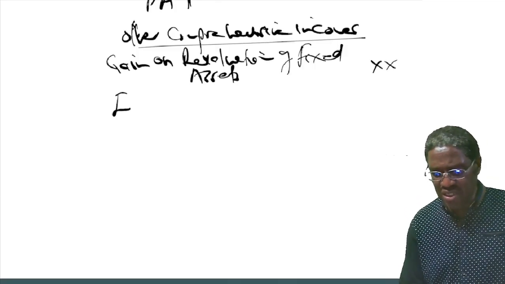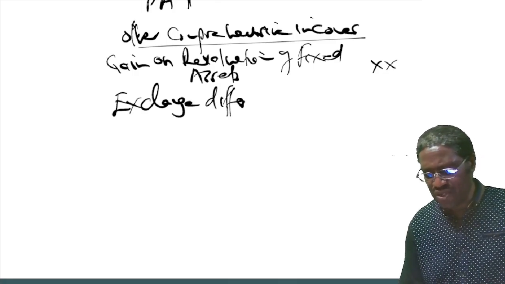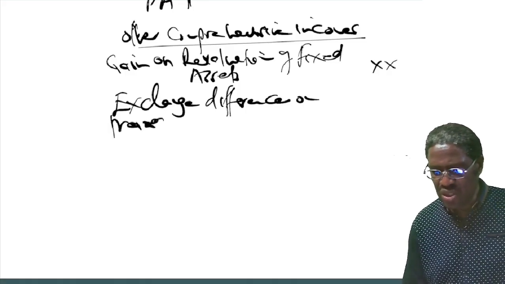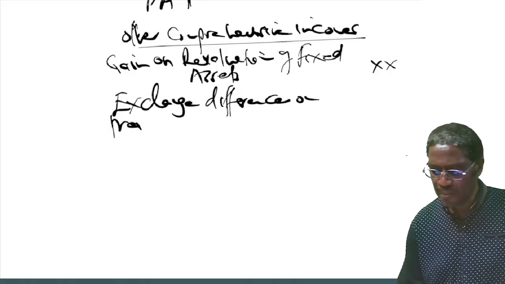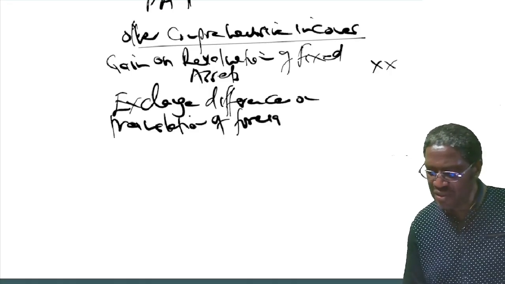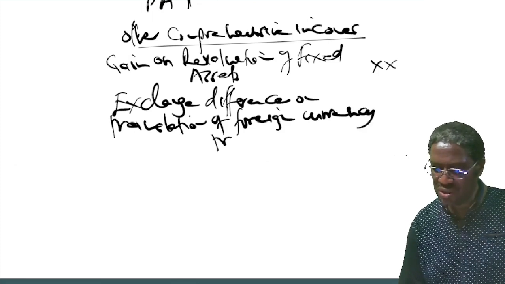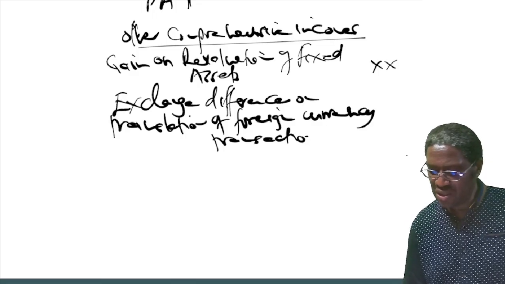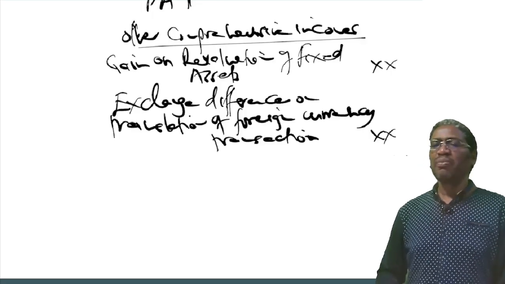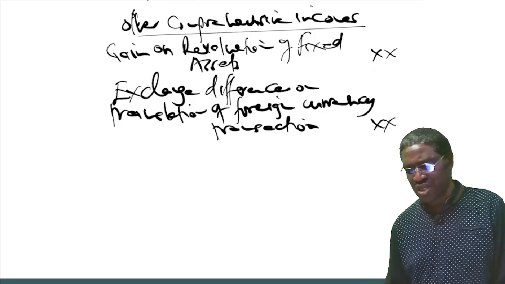So maybe I can list another example here: exchange difference on translation of foreign currency transactions. That's another example of other comprehensive income.